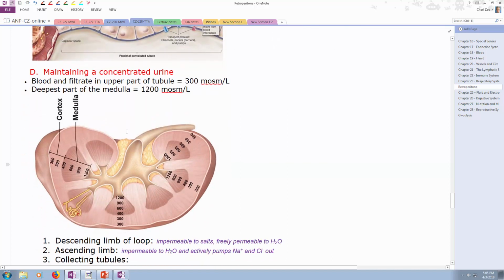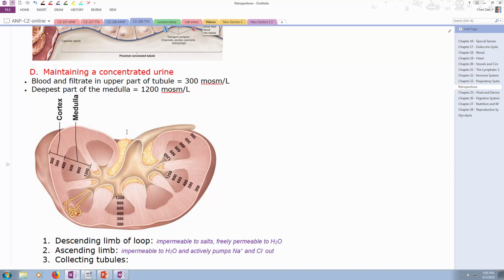Yes? When I was going through it, it said if it became impermeable, so nothing can get through, what would happen? If the passive movement would start happening, it would just by osmosis start to go back into what would happen? If you are impermeable, that means that nothing gets through, so everything stays in the filtrate.